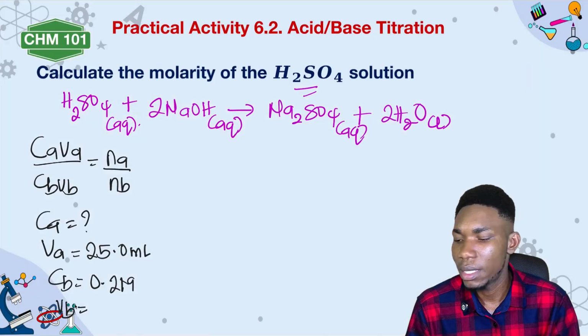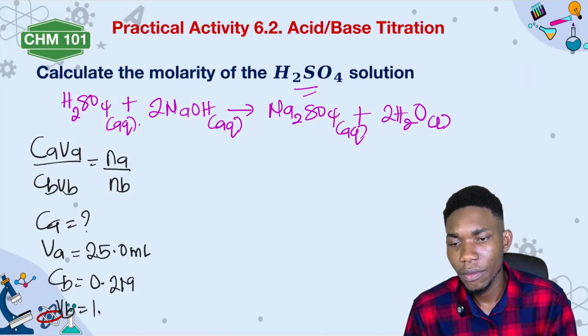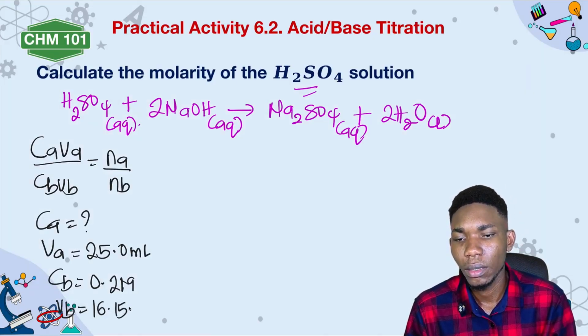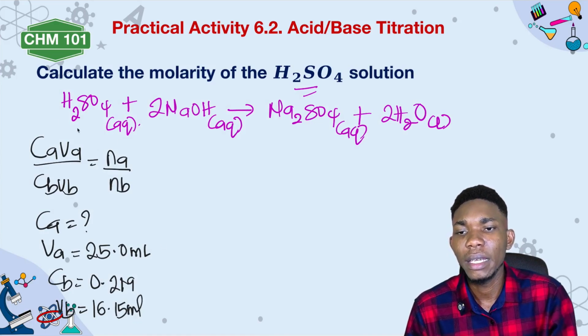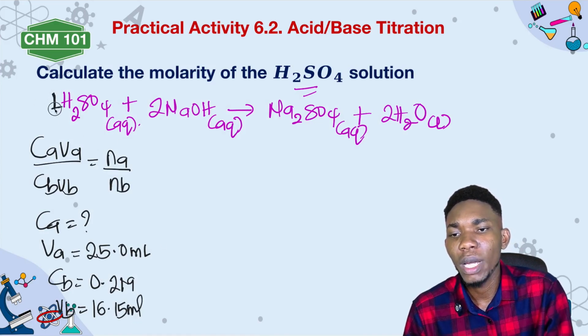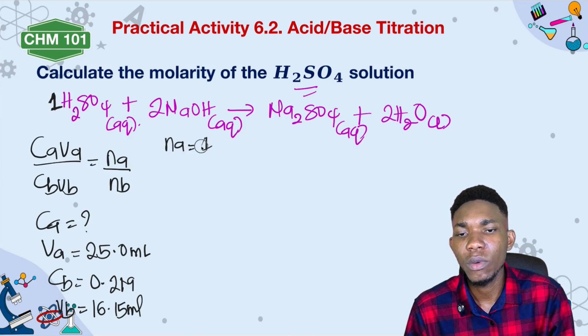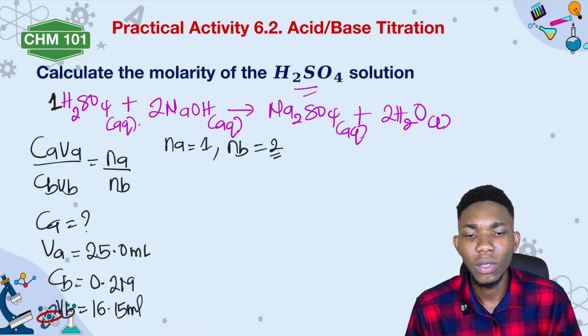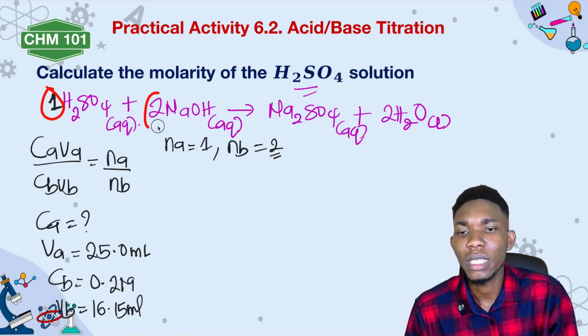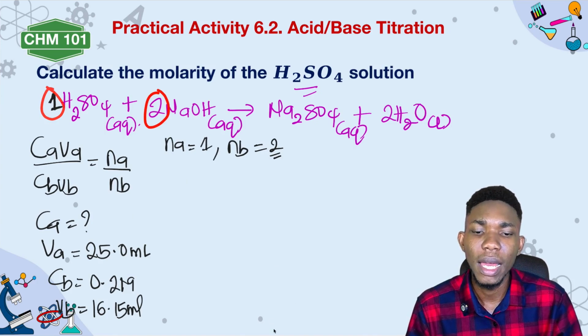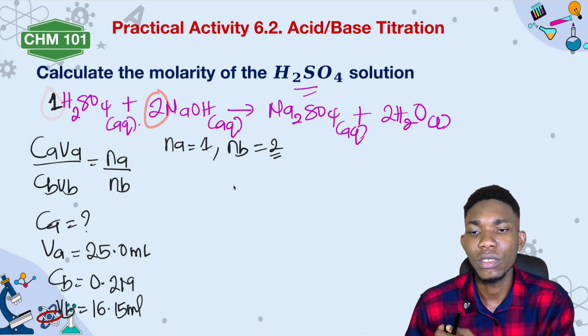All right, so we have 16.15 ml. Then Na, if you look at what we have here, the acid has a mole ratio of 1, the base has a mole ratio of 2. So Na is equal to 1, Nb is equal to 2.